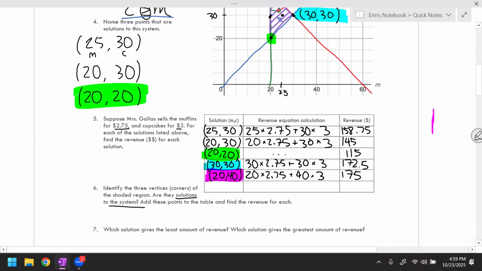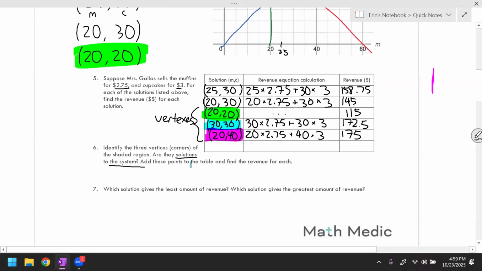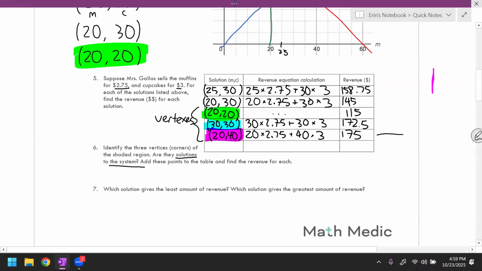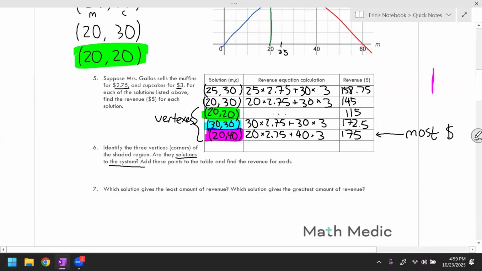Okay, so these are the three vertices, or vertexes. And what we found is that the most revenue occurs at this corner and the least revenue occurs at the green corner.